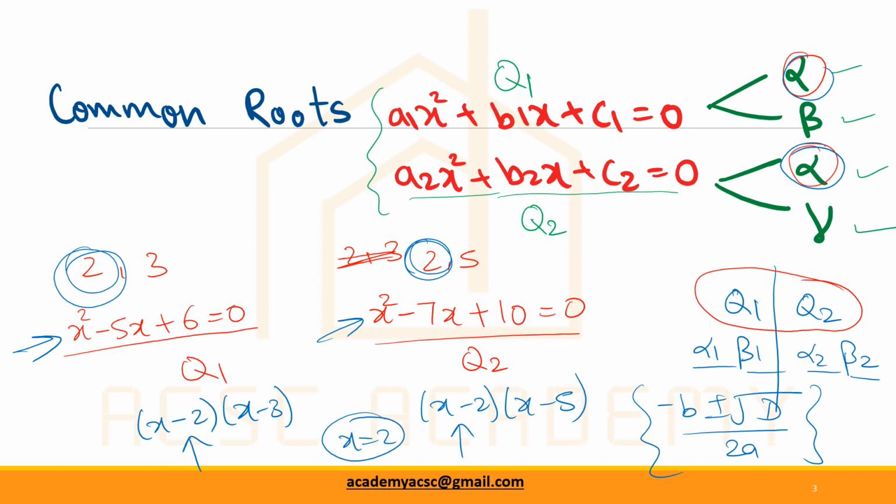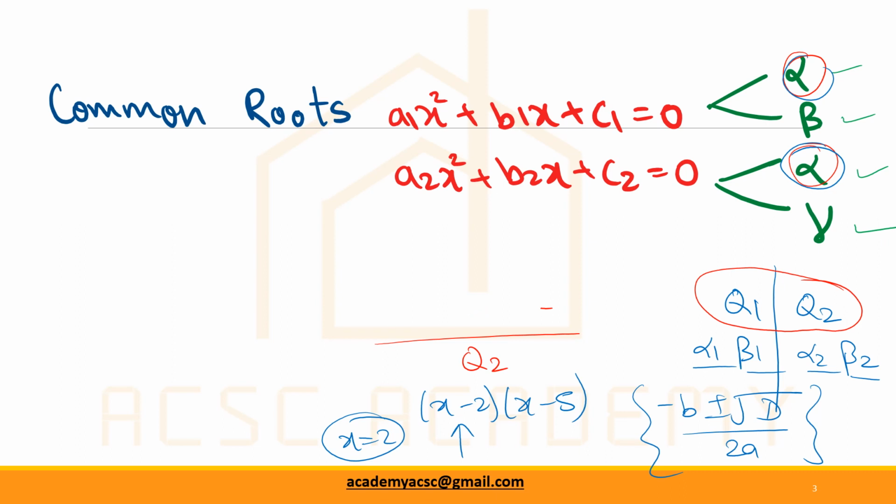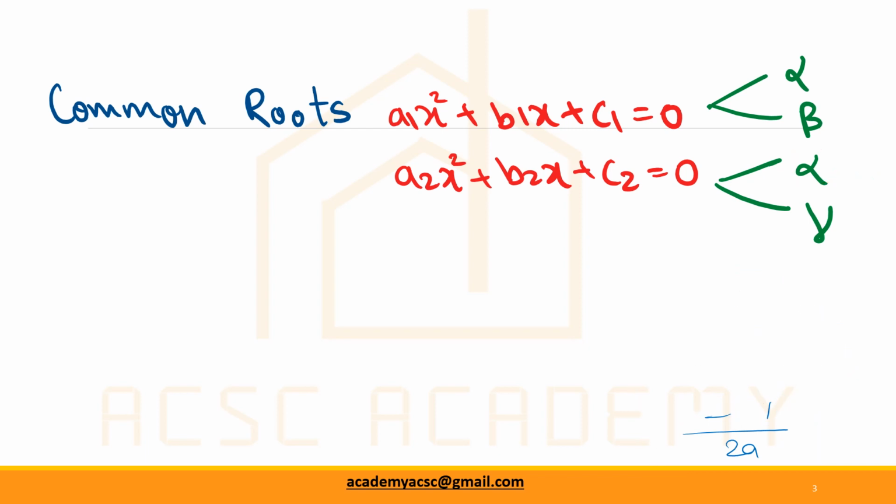What we will do is try to solve these two equations together. How can we do that? Both of them are quadratic, but what if we consider them the way we solve simultaneous equations? We can see that in the quadratic Q1 we have the middle term B1, and B2 in Q2.